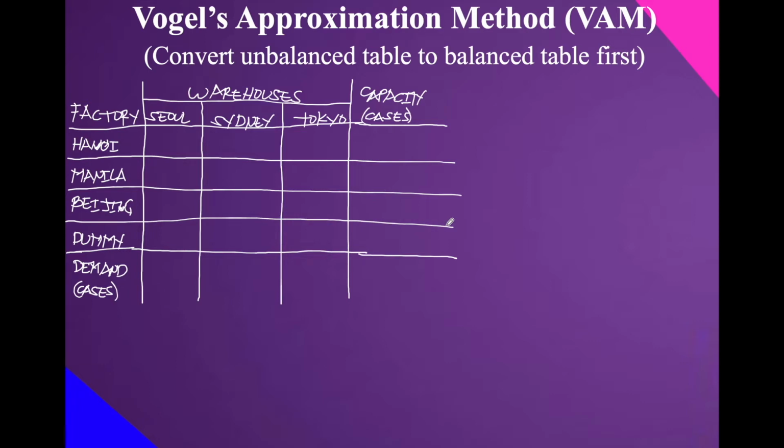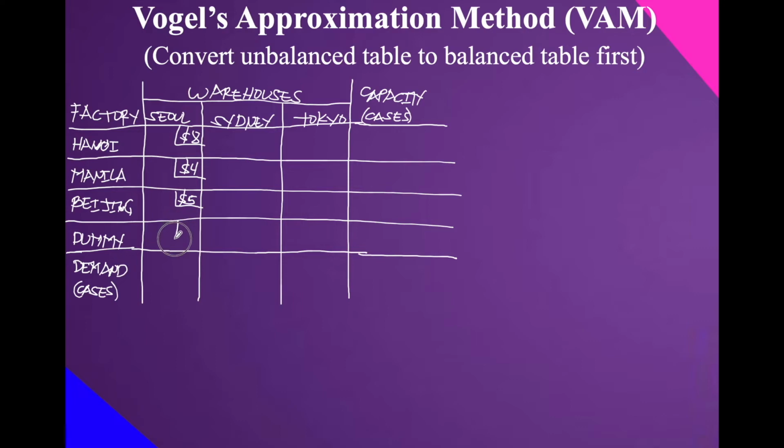And for the cost, let's copy the given cost, 8, 4, 5. Let's have here 8. Here, this is 4. 5. For the dummy, since this is dummy, actually there's no actual factory.